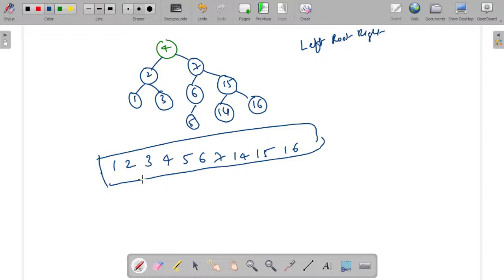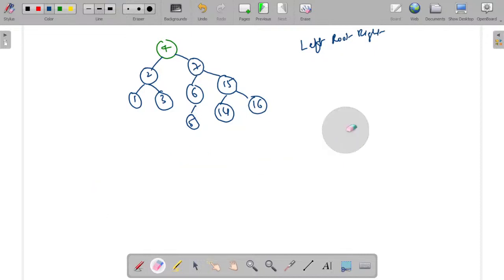Okay, great. All right, I'll just consider this tree itself, and we can go ahead and perform some deletion operations, right?